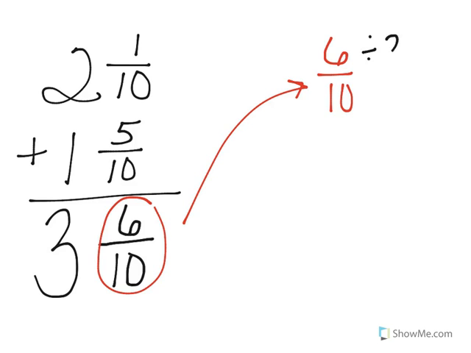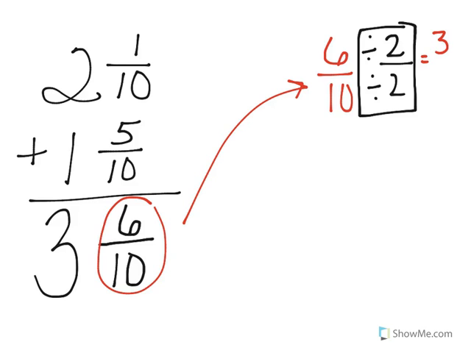So remember that golden rule of fractions: what you do to one, you must do to the other. So I'm going to divide them by their greatest common factor, which is 2. 6 divided by 2 is 3, and 10 divided by 2 is 5. So 6/10 in lowest terms is 3/5. That was only the part that I fixed with the 3/5.